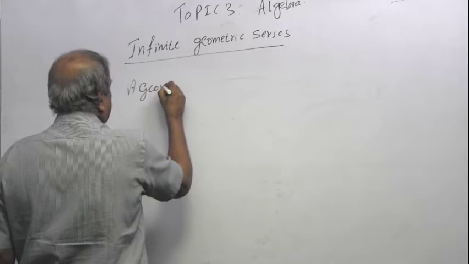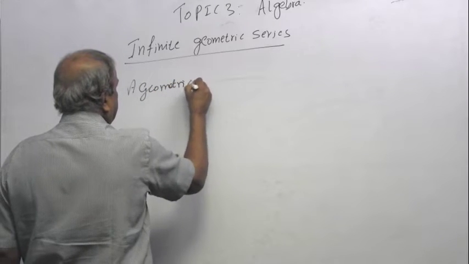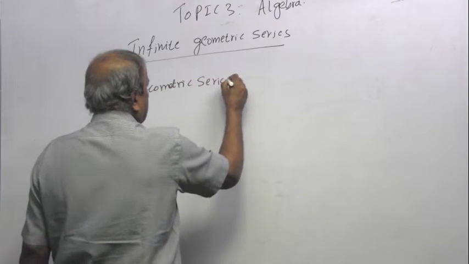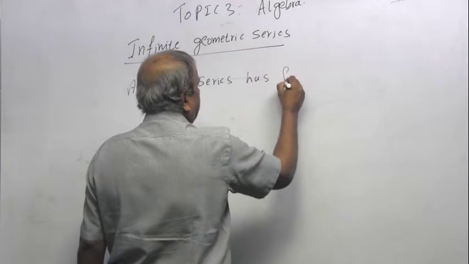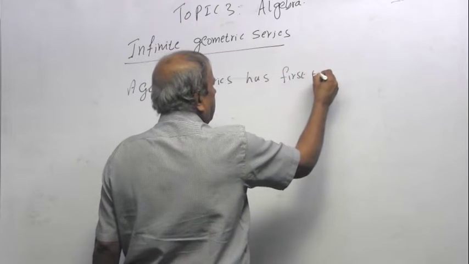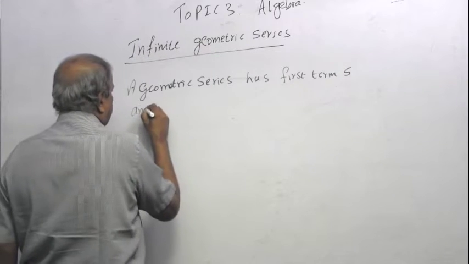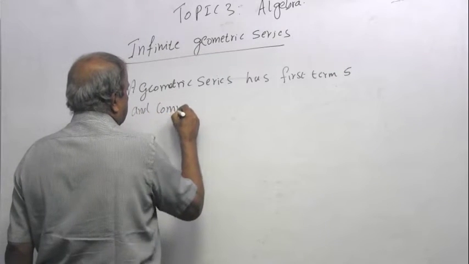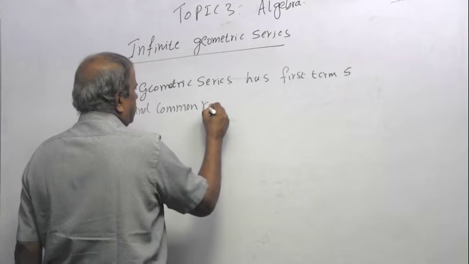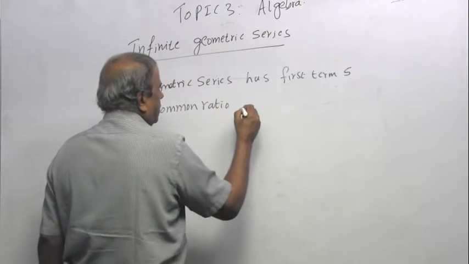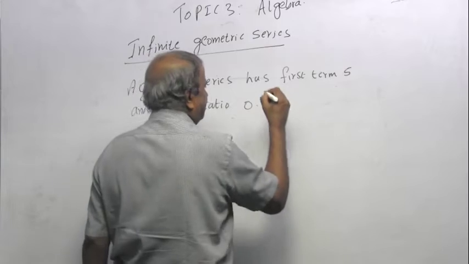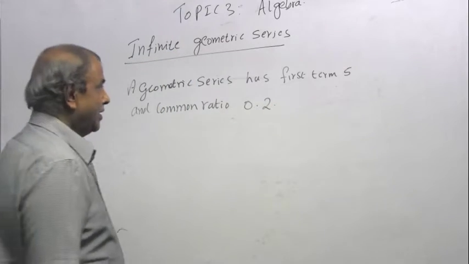A geometric series has first term 5 and common ratio 0.2.